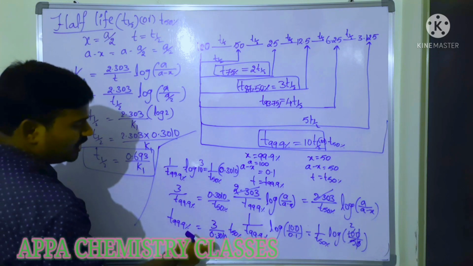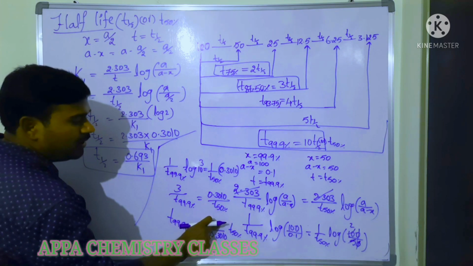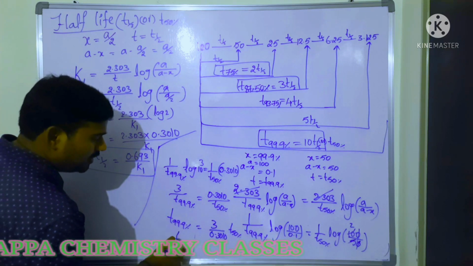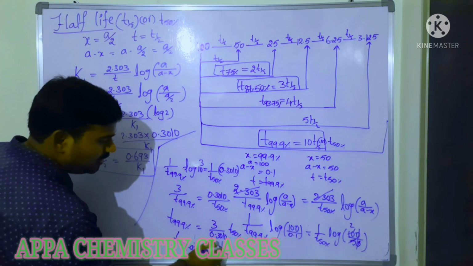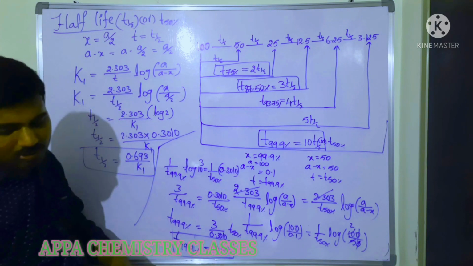So you can write it as 3 into 10 power minus 1, where 10 power minus 1 goes up. Then 3 into 10, that is 30 by 3, is nothing but 10. That is T 99.9% is equal to 10 T 50%. Is that clear? So that relation is very important.